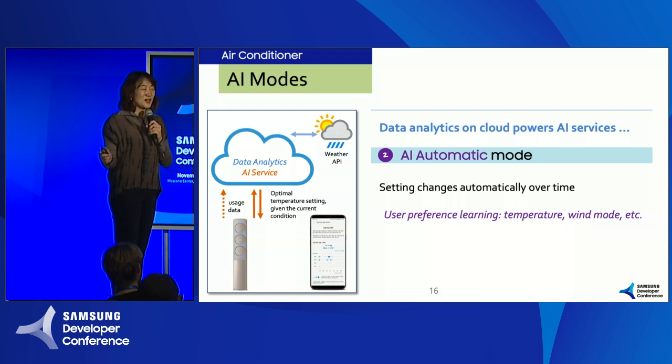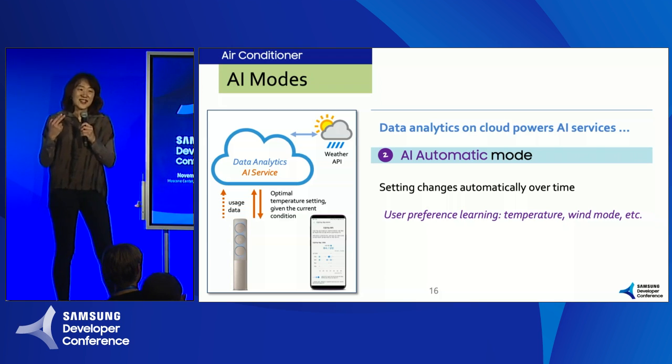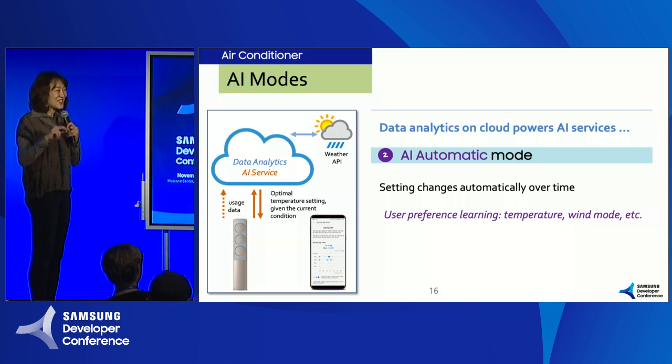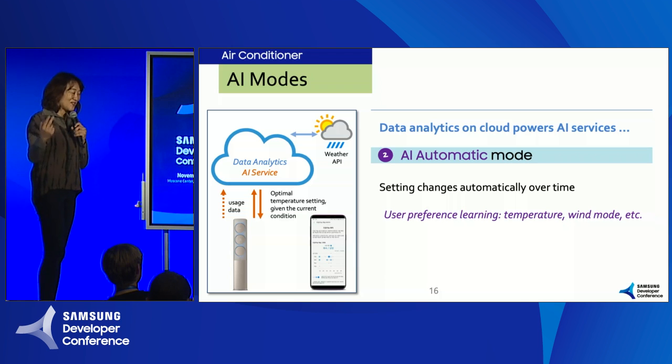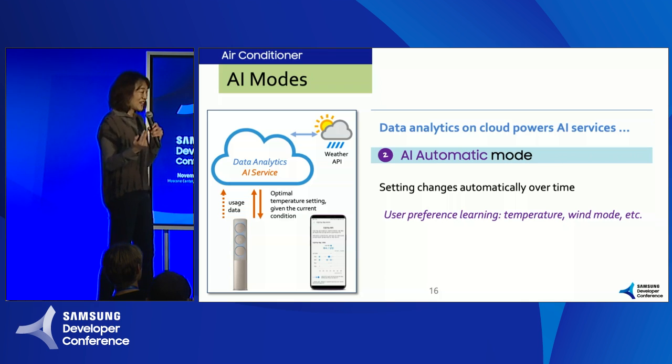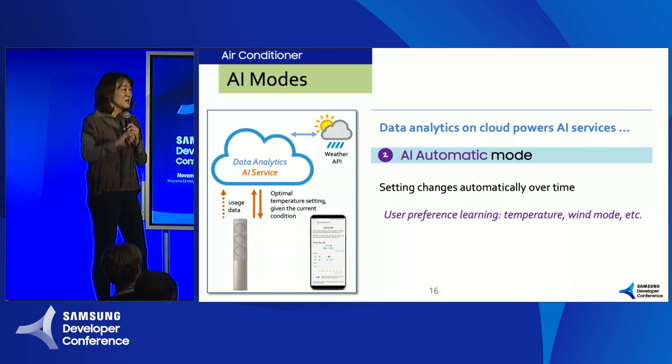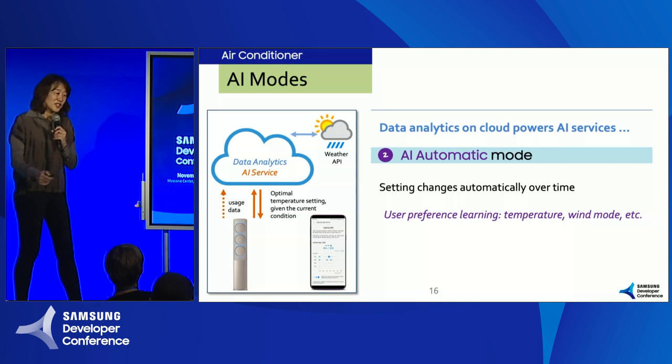I hate to have strong wind blowing on my face. So there is a mode called windless mode, so it feels like you are in a cave instead of having the direct wind. I love that one. So by looking at how I'm using my air conditioner, it learns what my preferred temperature is depending on the outside temperature, and also the preferred wind mode. So it actually runs over time, right?